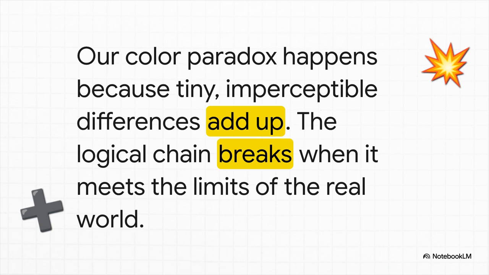The difference in color between A and B, it's real, but it's just too tiny for our eyes to pick up on. Same thing for B and C. But when you add those two tiny, invisible differences together, the total difference becomes big enough for our eyes to finally see it. Our perception simply fails the transitivity test. The logical chain breaks the second it runs up against the physical limits of the real world.